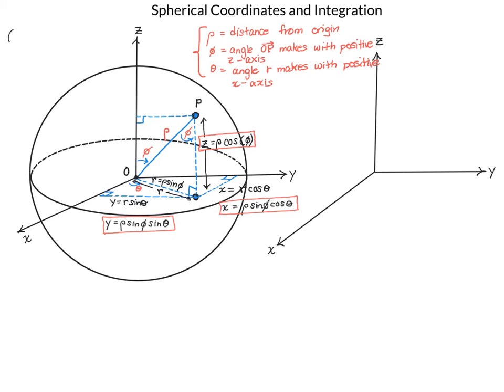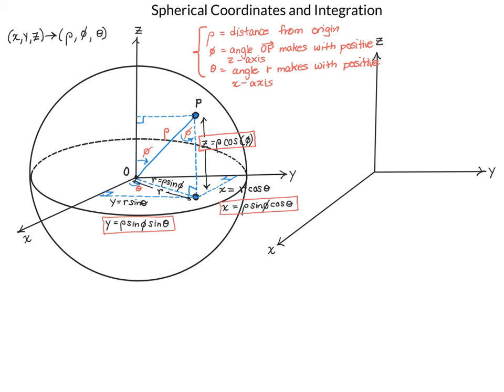So we can use our x, y, and z coordinates to redefine the point in terms of spherical coordinates, which are rho, phi, and theta.